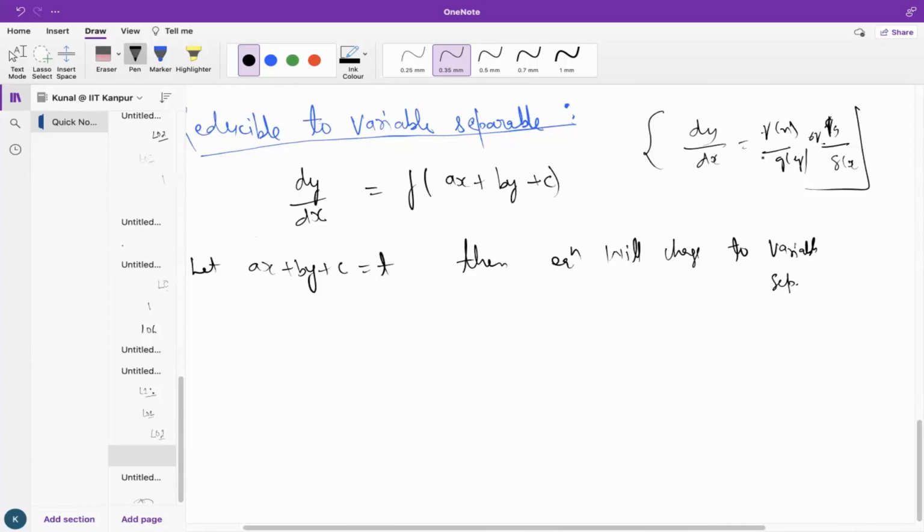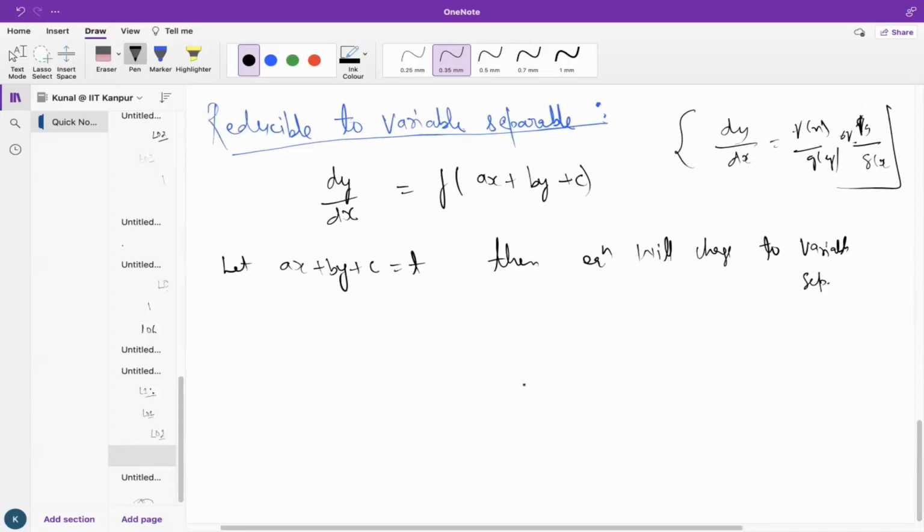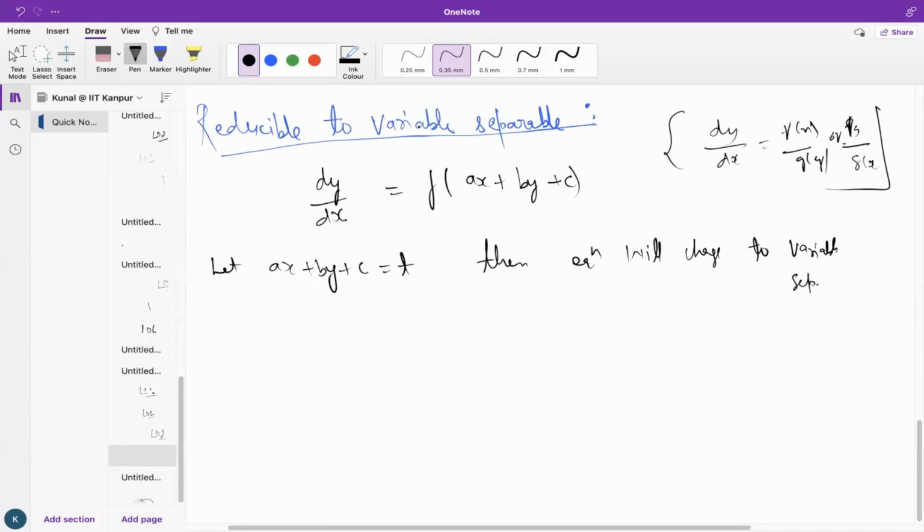So we have to convert this form into the variable separable method, right? So let's see. What you have to do is write ax plus by plus c, whatever it is, as some t. Then our equation will change to variable separable. And just differentiate it.